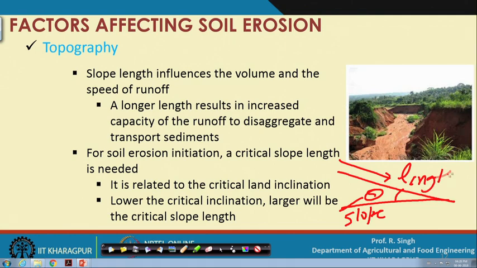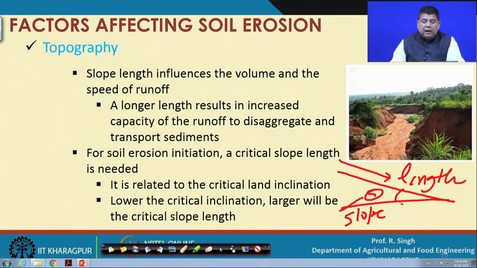So, we are talking about two different things, slope and length. We saw slope already, and now we are talking about slope length. It influences the volume and the speed of runoff. Obviously, if the slope length is longer, then much more flow will get aggregated, and the capacity of runoff will be higher, and that means more soil will be transported.